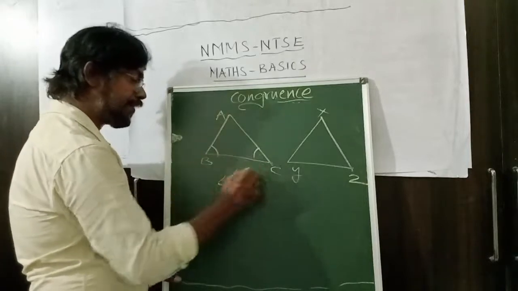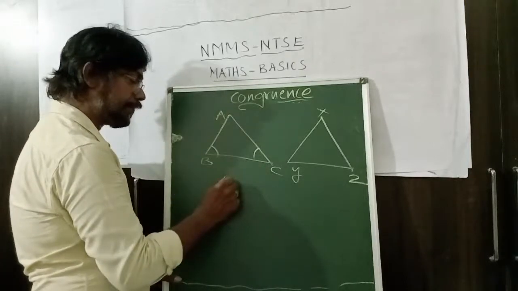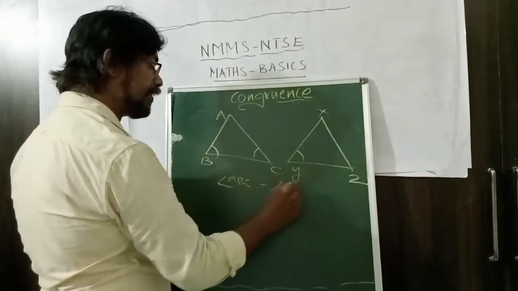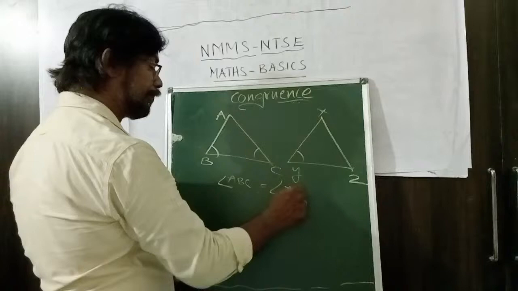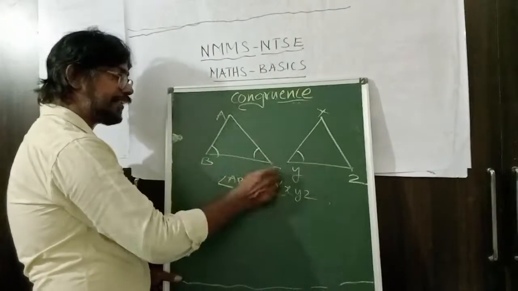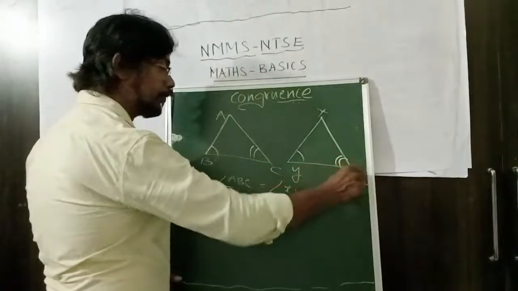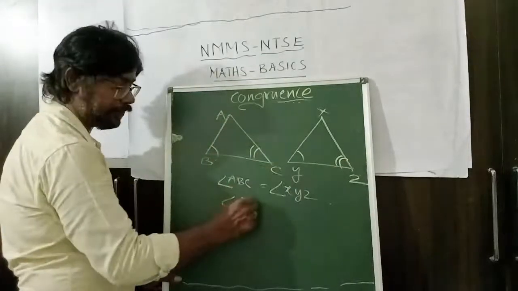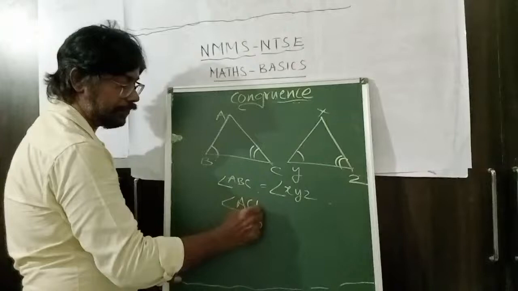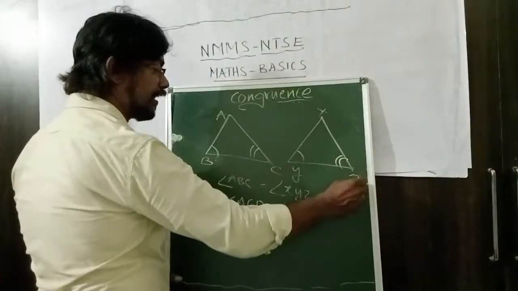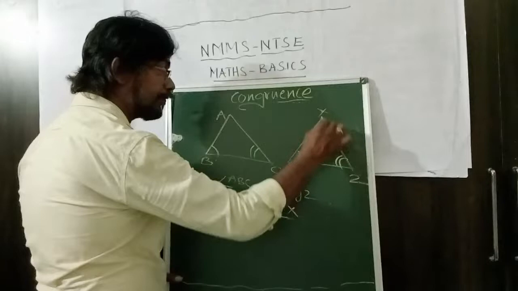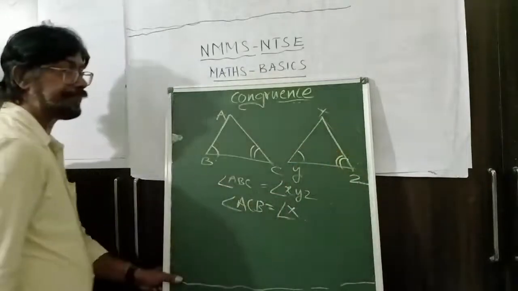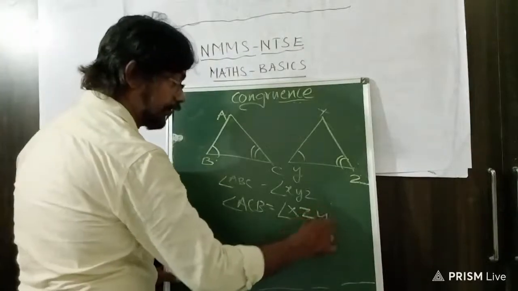Angle ABC is equal to angle XYZ. Angle ACB is equal to angle XZY.